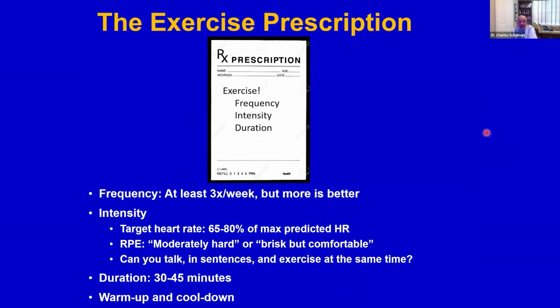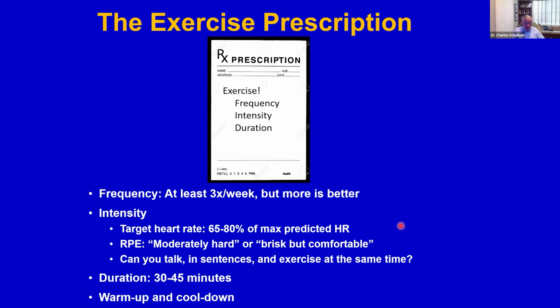So I have been writing what I call the exercise prescription. Okay, so here's the exercise prescription. And it has 3 parts. Frequency, at least 3 times a week, but more is better. Intensity, at least moderately hard or brisk. Yeah, brisk but comfortable.